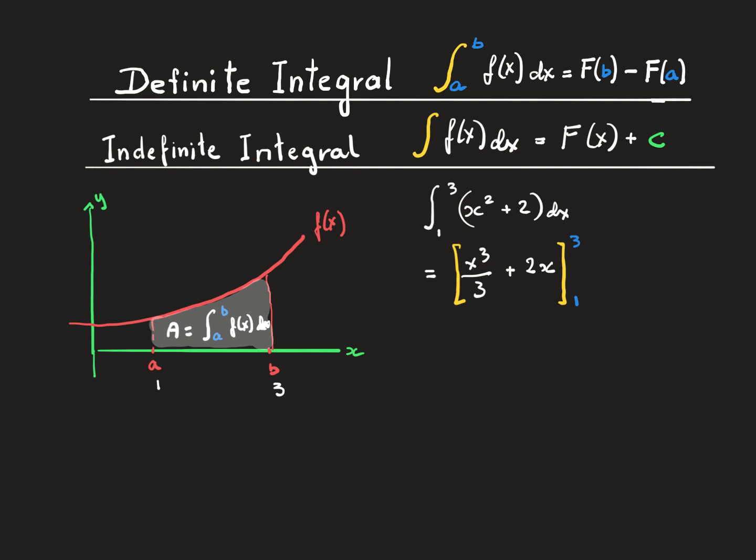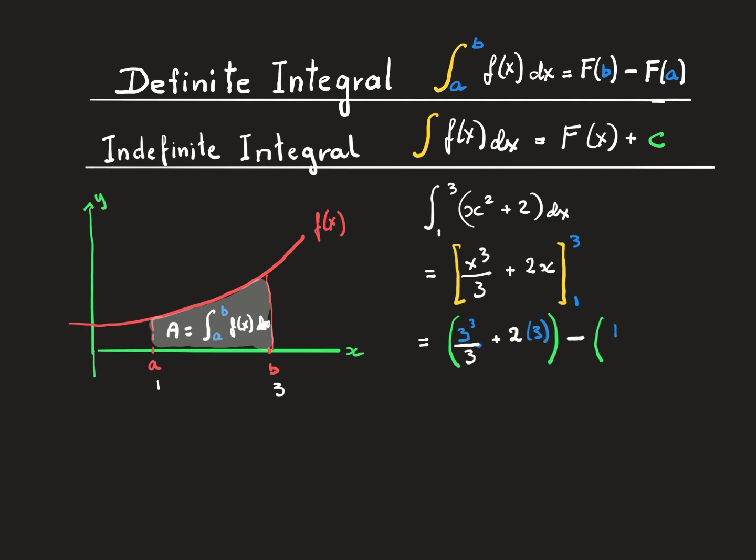So in blue, I've just substituted 3, multiplying 2 by 3. Now it's important that you now put round brackets. Before, notice that we had square brackets. I don't know whether I mentioned it, but that's important, the square brackets. Now we're going to take away, and we're going to do the same thing, but substituting the 1.